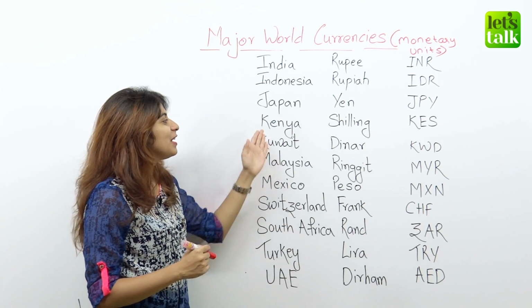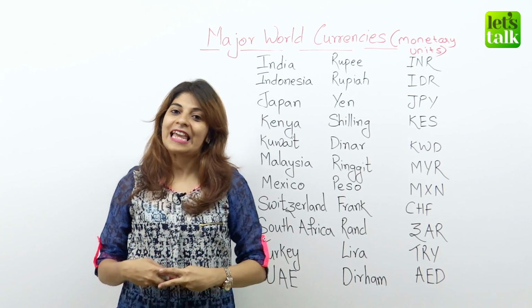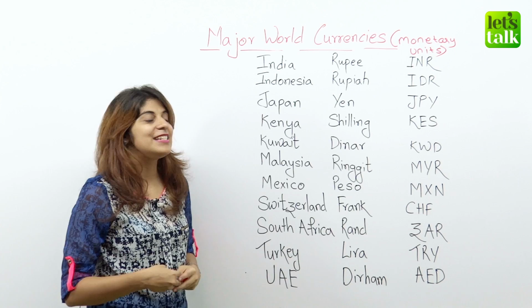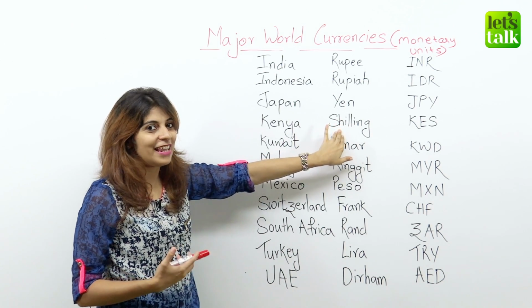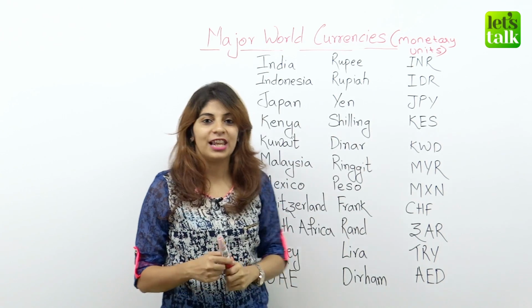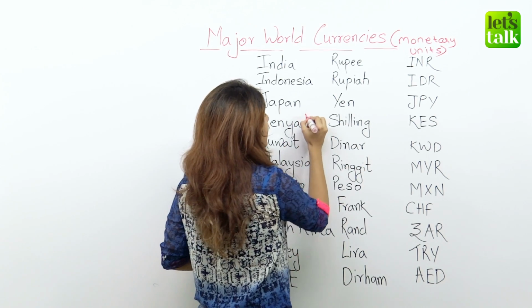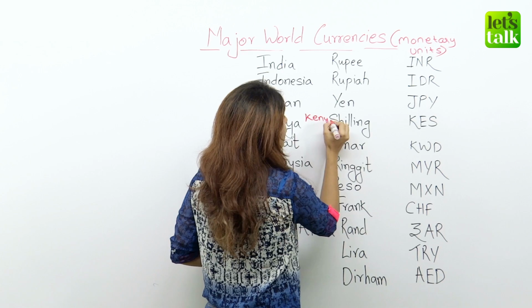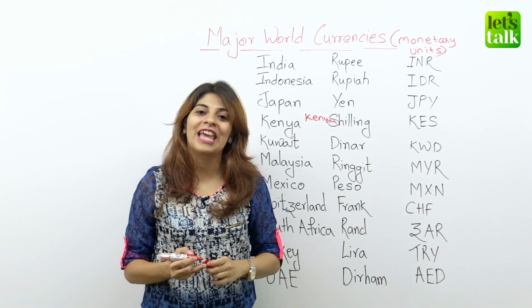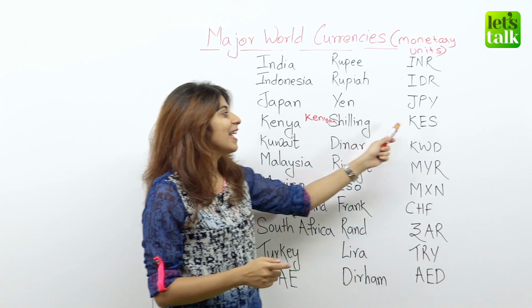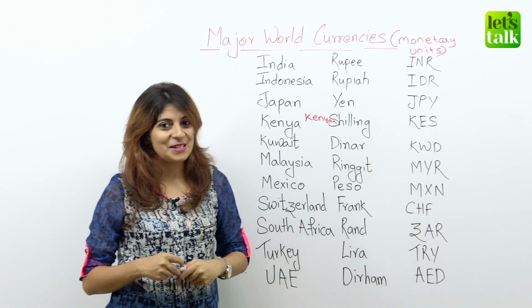Let's move on to another country, which is Kenya, and the currency that's used by the people of Kenya is Kenyan shilling. Okay, so to be specific, it's Kenyan shilling, and the ISO code for Kenyan shilling is KES.